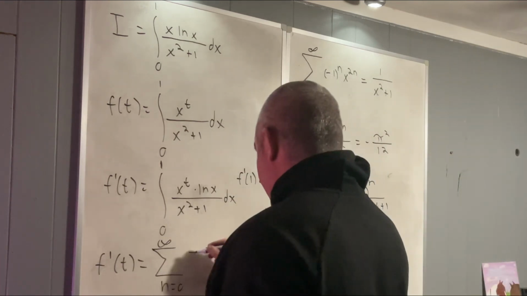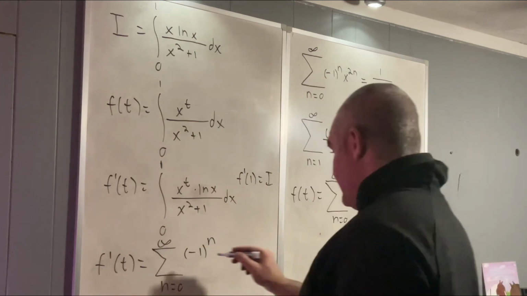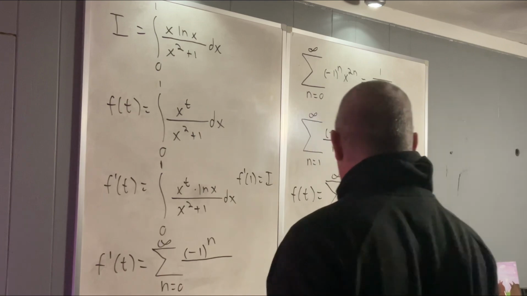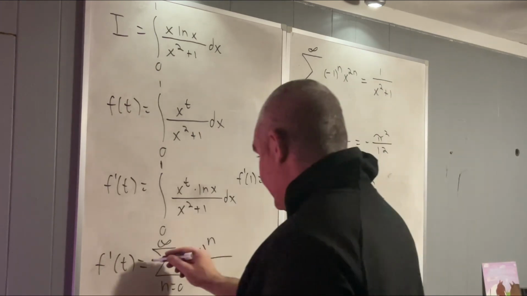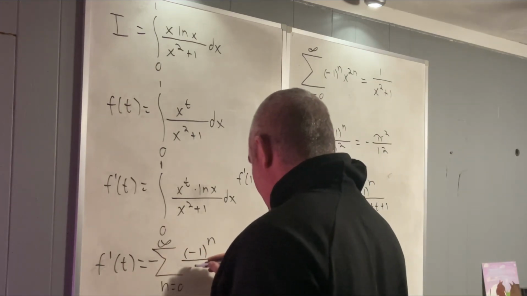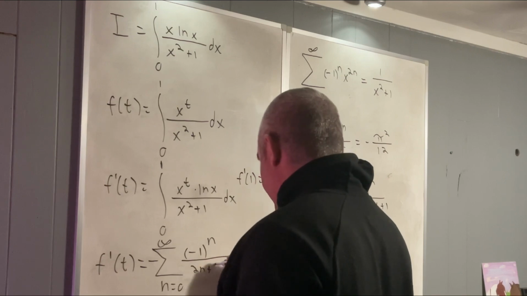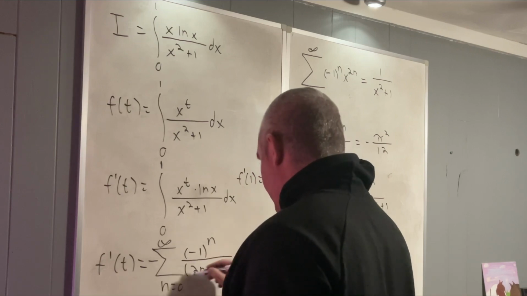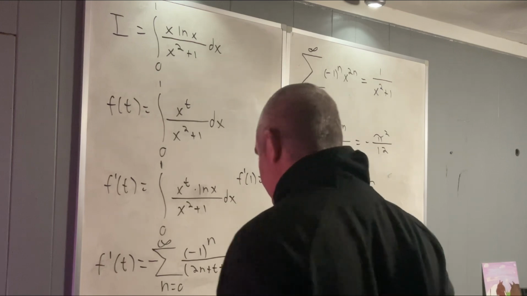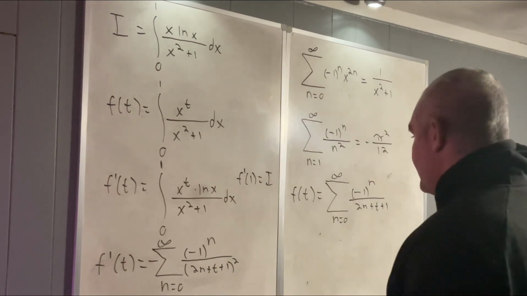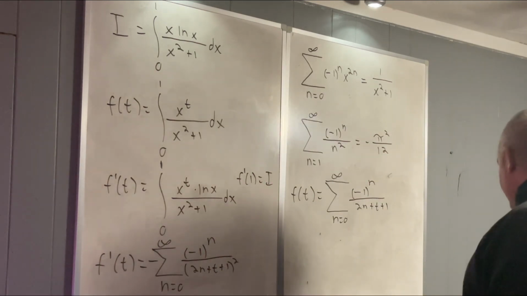We still have the negative 1 to the n over negative 2n plus t plus 1 squared.